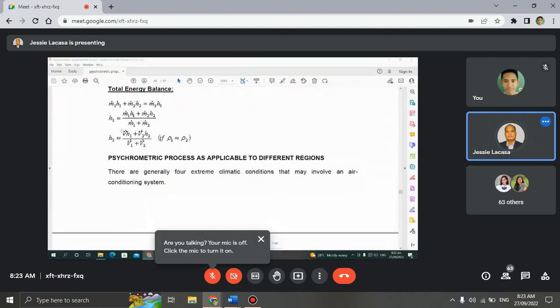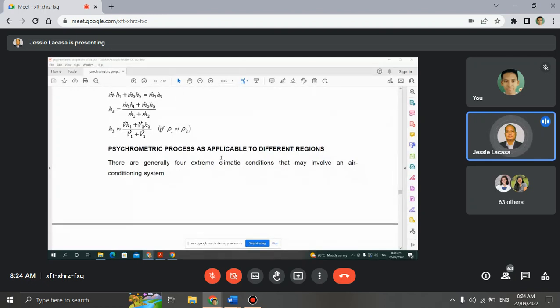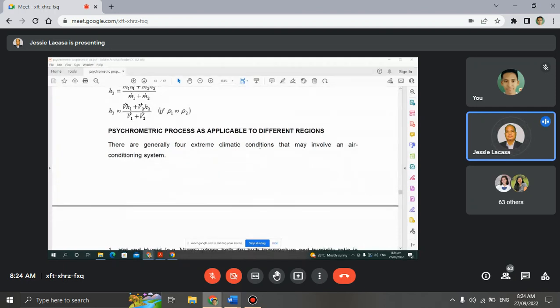Or H3 is approximately equal to (V1 H1 plus V2 H2) over (V1 plus V2), if the density of 1 is approximately equal to 2.